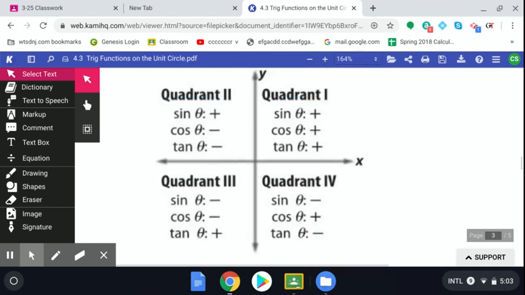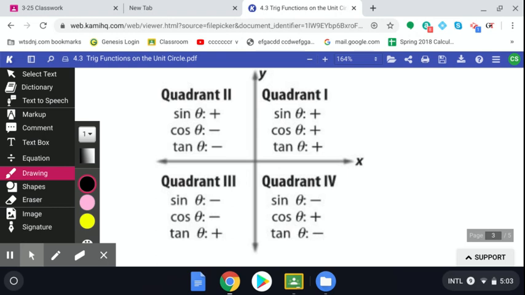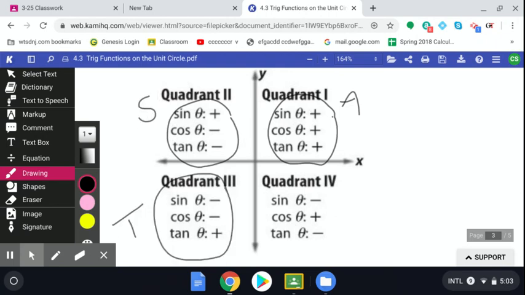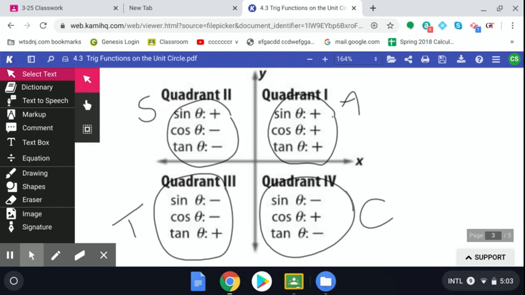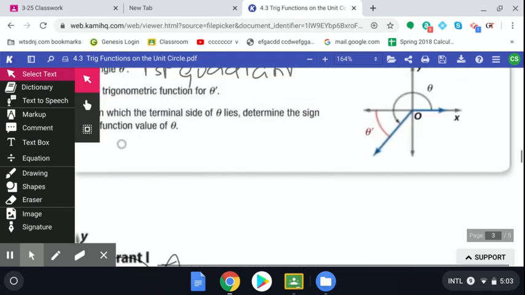This is just what I was telling you before. Over here, quadrant 1, all; students, so only sine is positive; take, only tangent is positive; calculus, only cosine is positive.